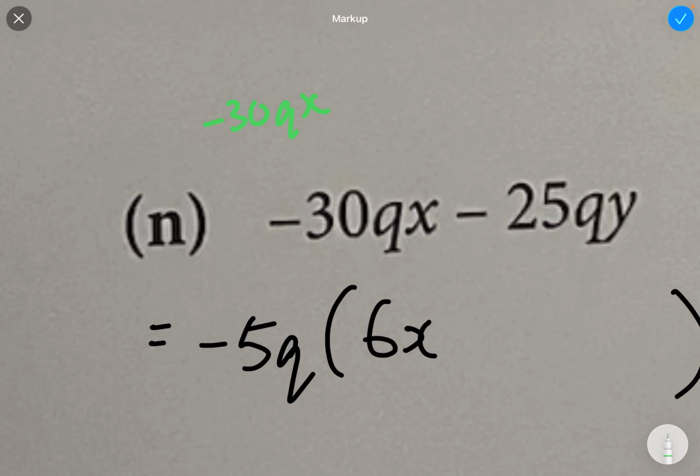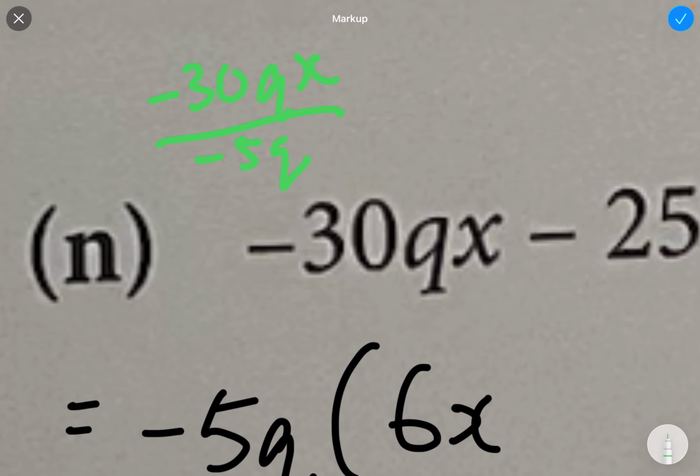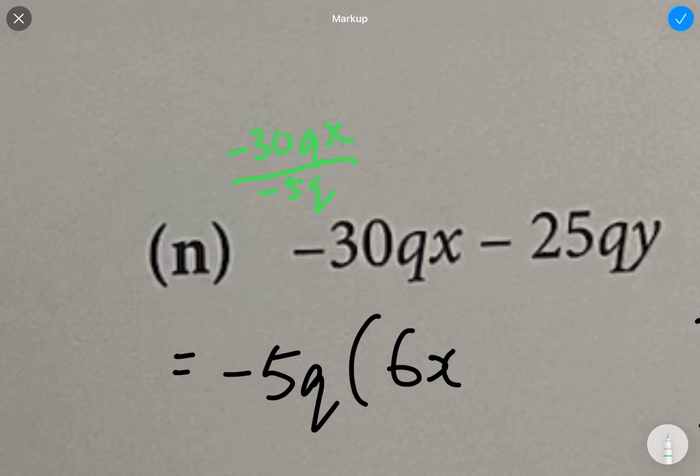Minus 30qx divided by minus 5q. This is what is actually happening to get this. Then minus minus cancel. 30 and 5 cancel, becomes 6. Q and Q cancel. Left with x. Similarly, to get this second term, it is actually this second term divided by the common factor.